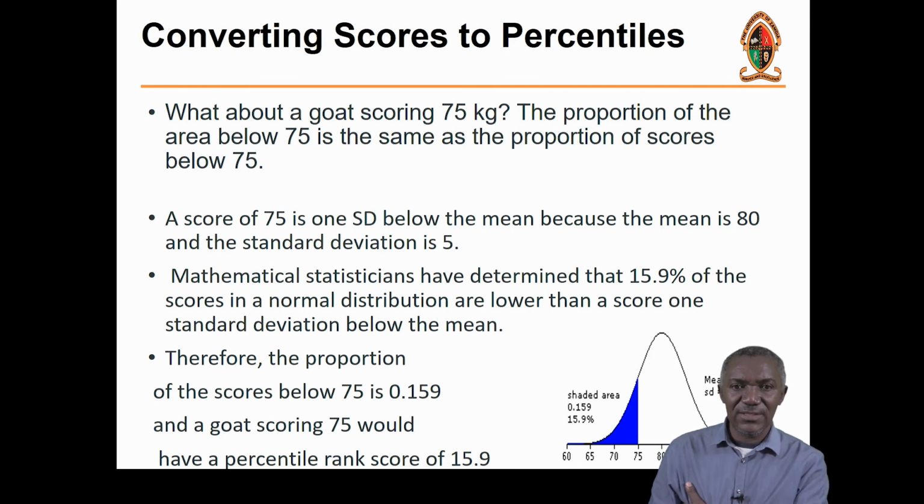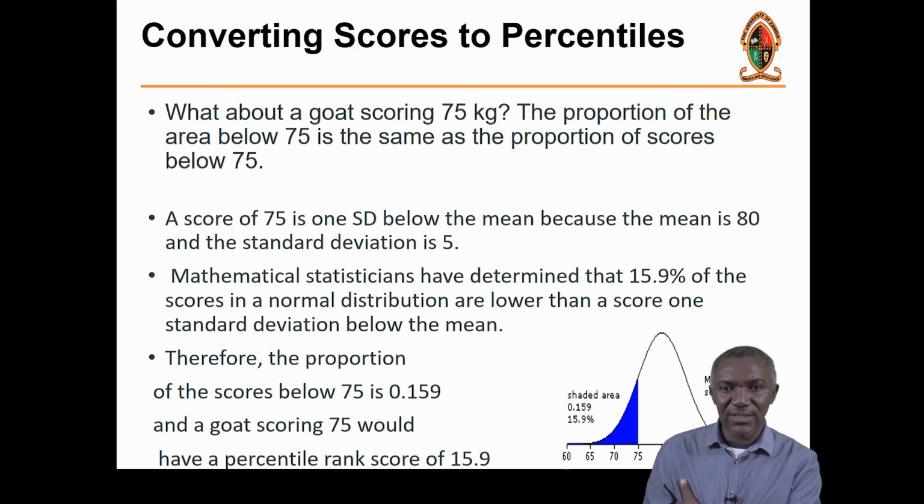We calculate the Z-score. We have the mean of 80. We subtract it from 75, and then we divide by the standard deviation. So what we get is the Z-score. 75 minus 80 gives minus 5, and minus 5 divided by 5 is minus 1.